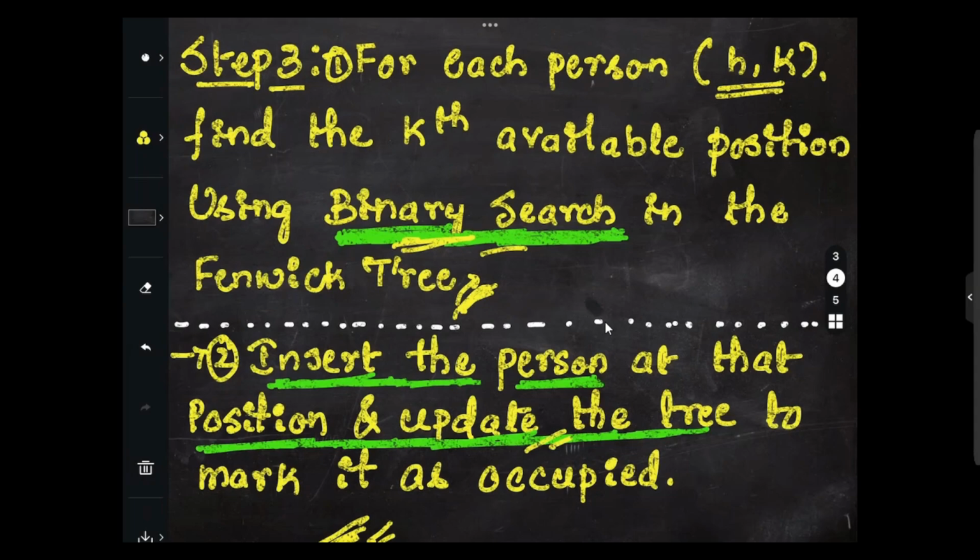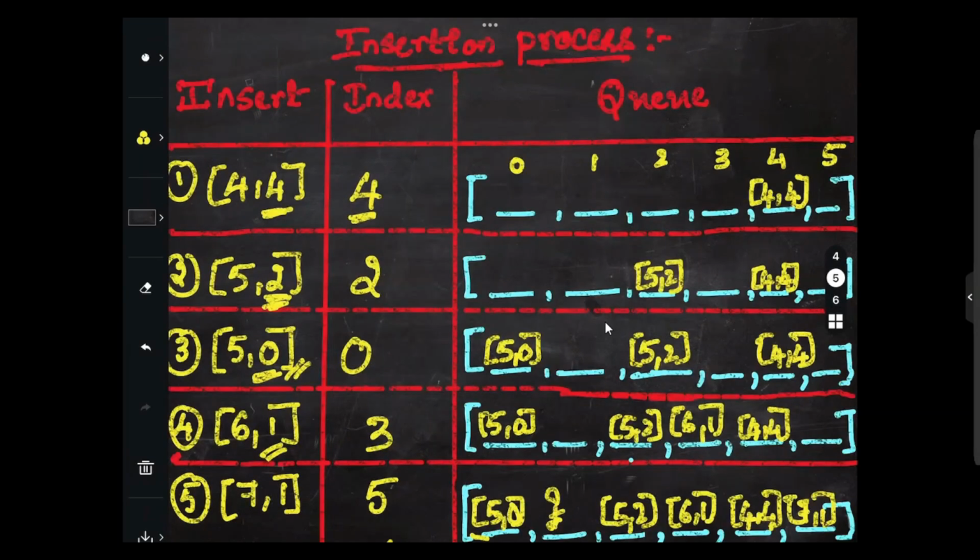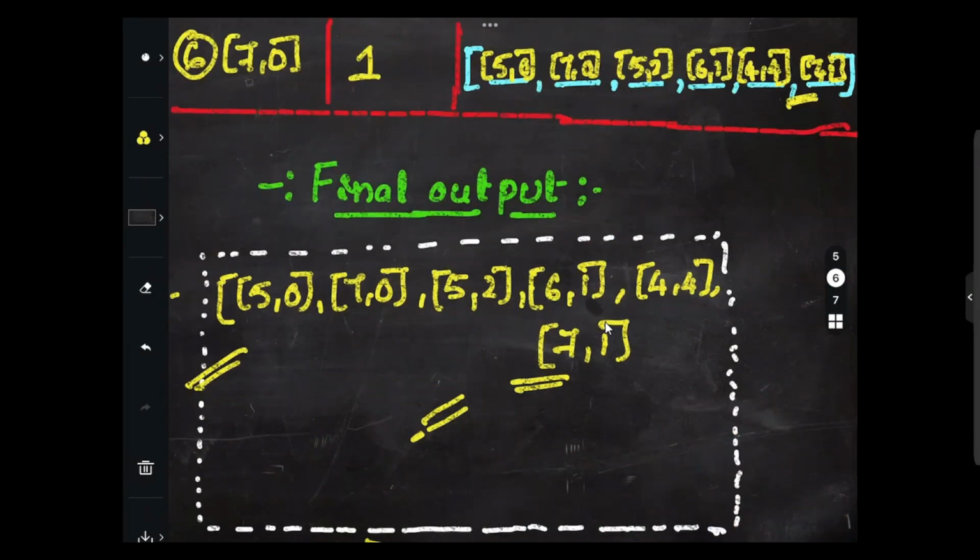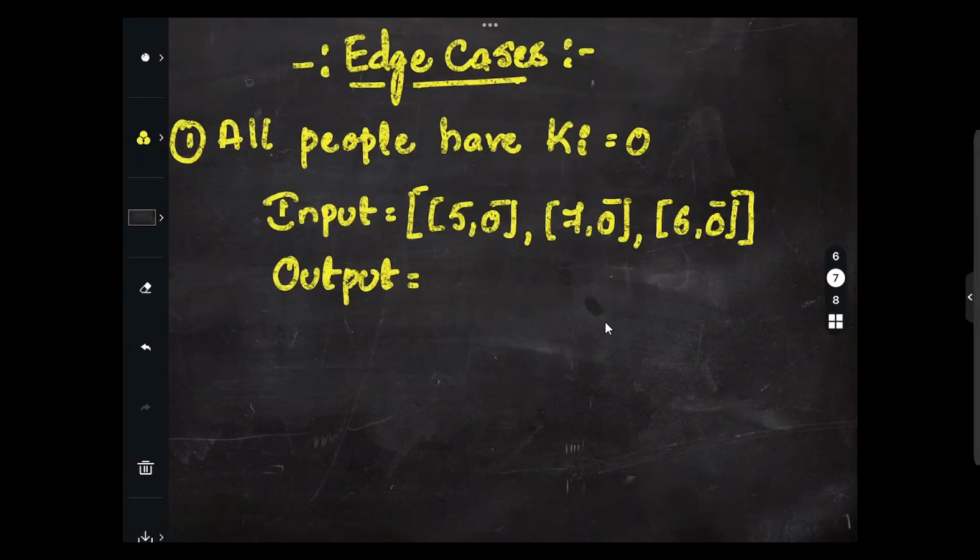Then insert the person at the position and update the tree to mark that one as occupied, so that we don't reuse it again. This is the insertion process step by step that we discussed. The final output is the same as shown for example 1. So the approach works absolutely correct.